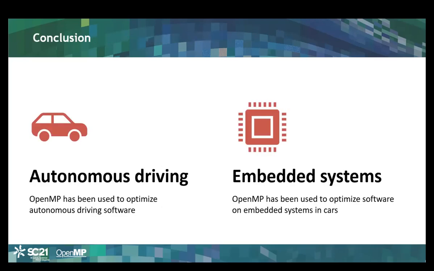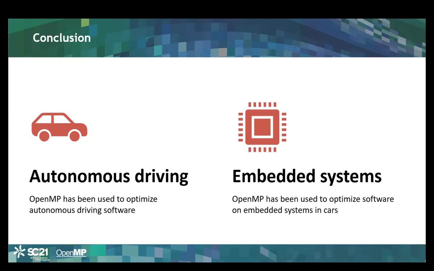So these two examples, the Apollo AI platform and the Autoware platform, where OpenMP has been used to optimize specific modules, show that OpenMP has a role to play in the autonomous driving space.